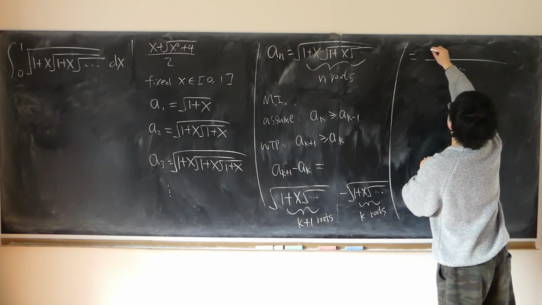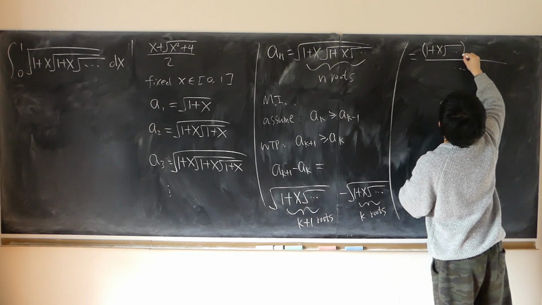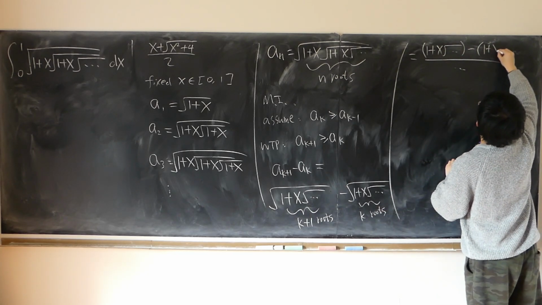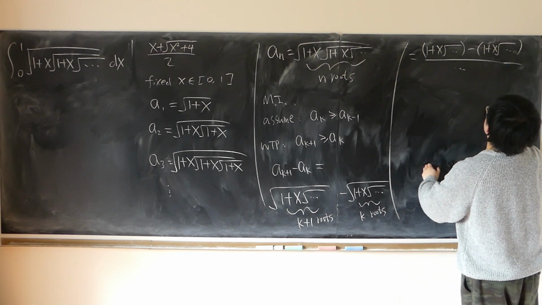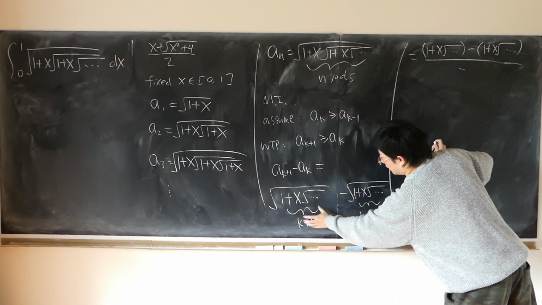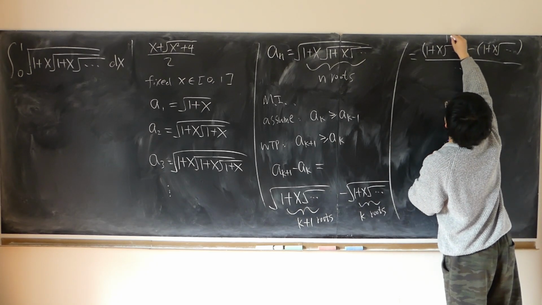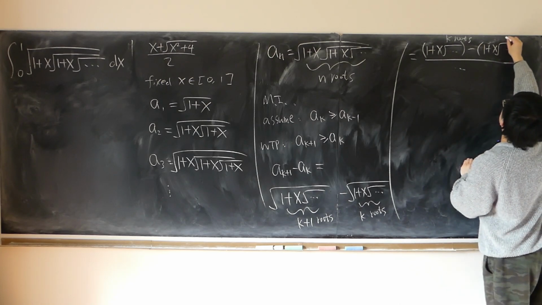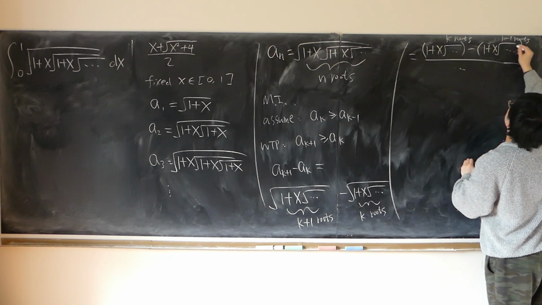So 1 minus this: here we have k plus 1 roots. After this root is gone, here I have k roots. Likewise, here I have k minus 1 roots. No problem.